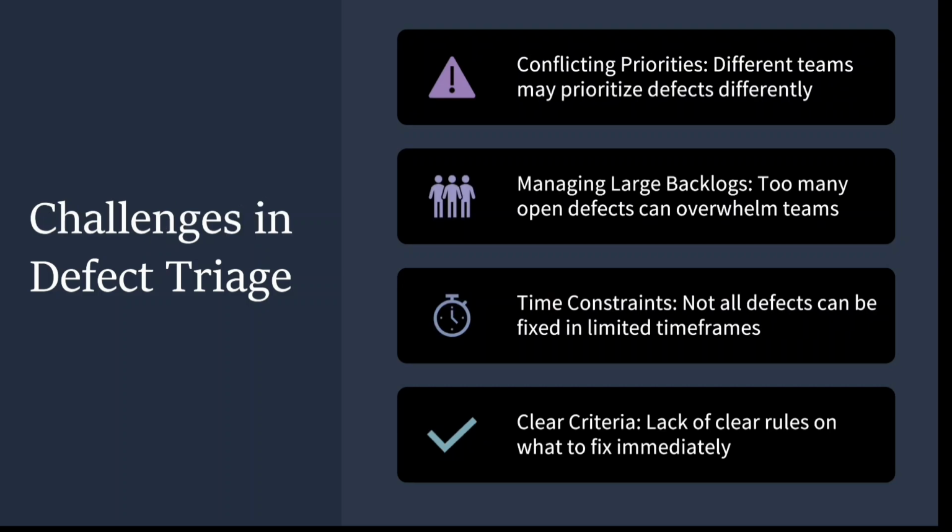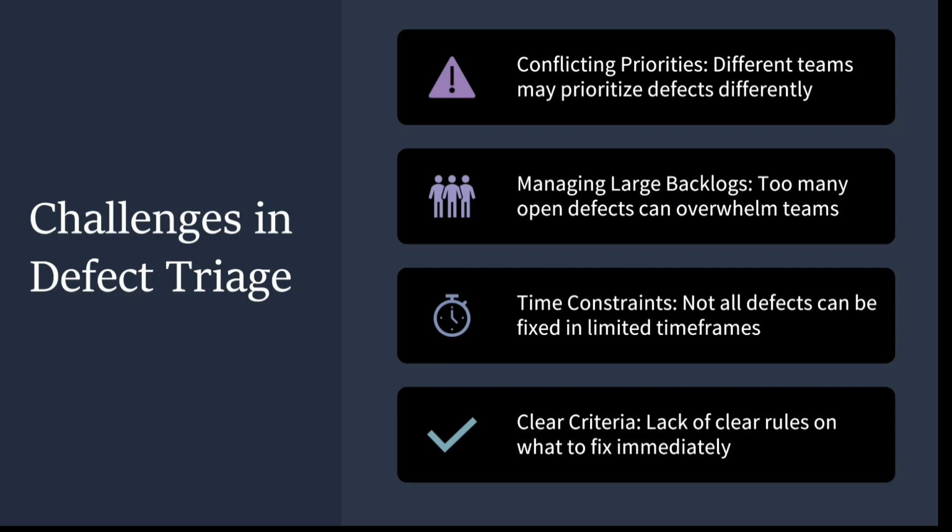And we face some challenges in defect triage. First is conflicting prioritization, because some team members may not agree with the prioritization. That's why we do the defect triage meeting. Next is managing a large backlog.